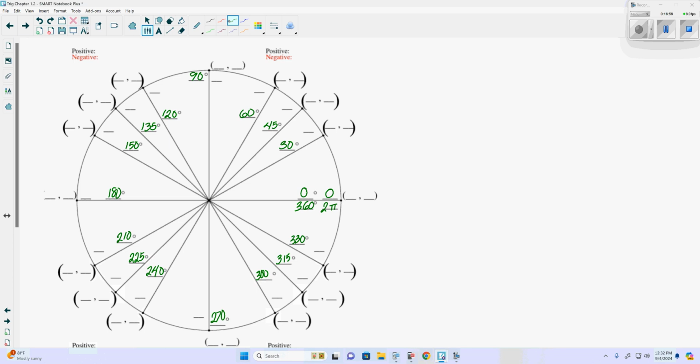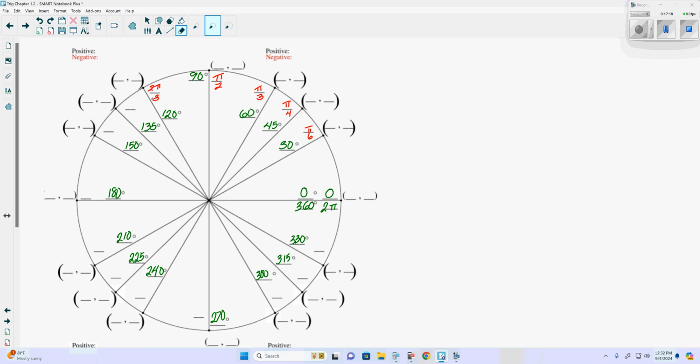Well, let's get the radians. 2 pi over 3, 3 pi over 4, 5 pi over 6, pi.